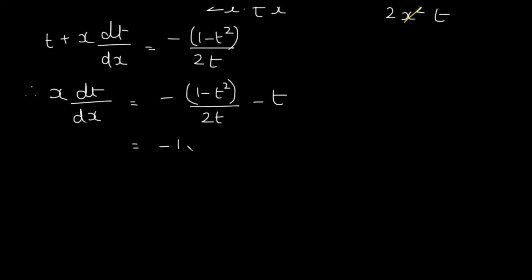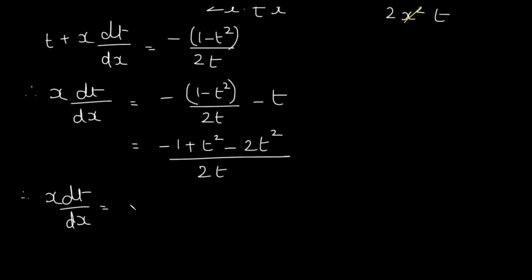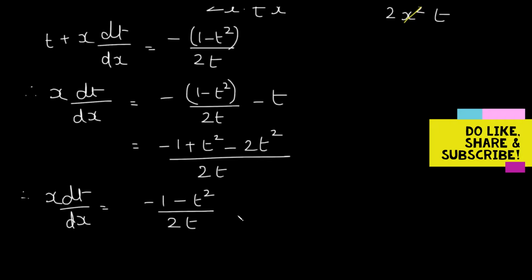So 1 minus t square minus t into twice of t becomes minus 2t square upon twice of t. So thus now t square minus twice of t square is actually, now let us write in the next step, therefore x dt upon dx becomes 1 and t square minus twice of t square becomes minus t square upon twice of t. This way.